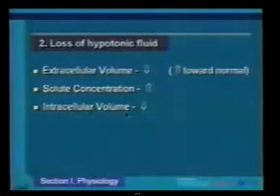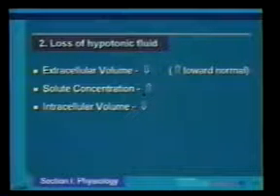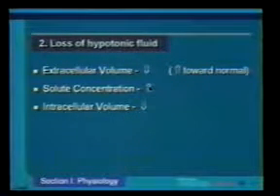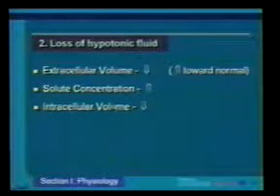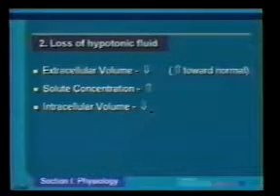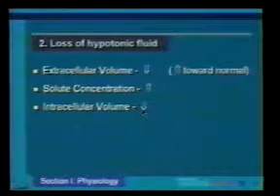And therefore, because you're losing more water than salt, the salt concentration in the extracellular compartment increases. Now, the third variable is the intracellular volume. You should automatically say to yourself, because the salt concentration increases, cells shrink. Therefore, the intracellular volume goes down. You pull water out of cells.